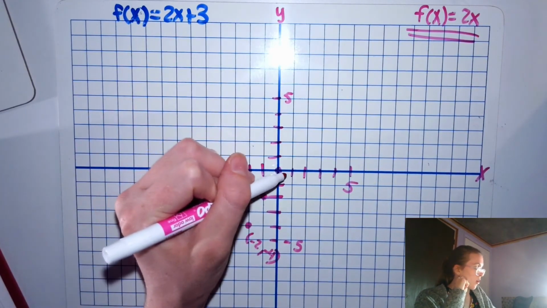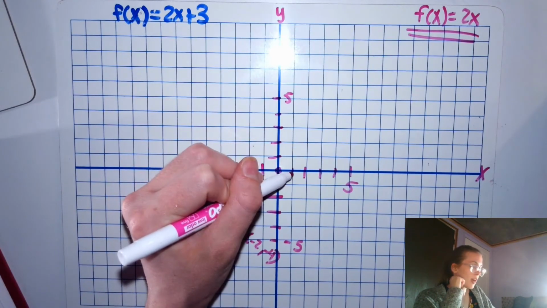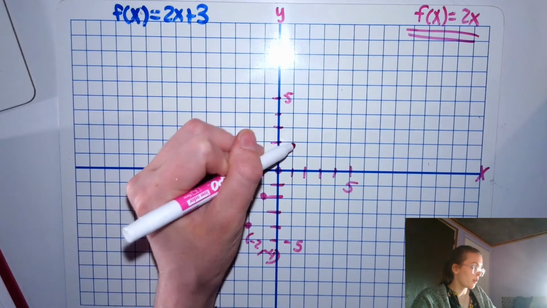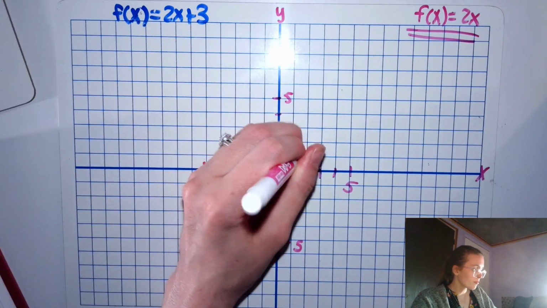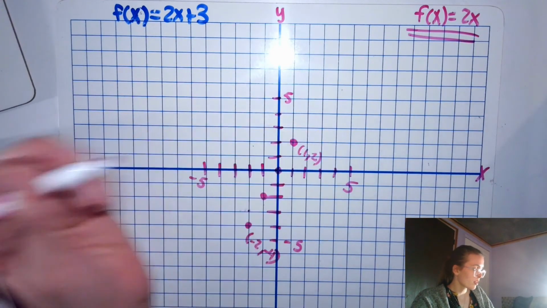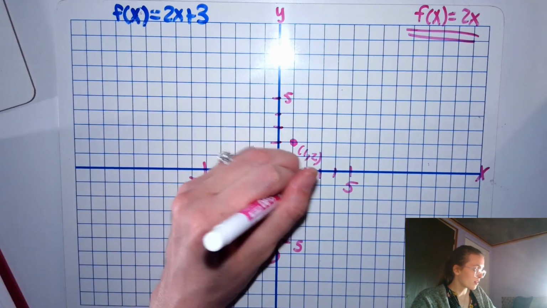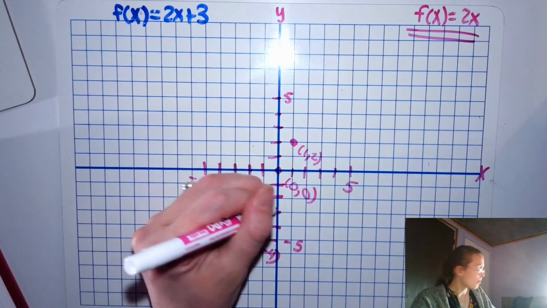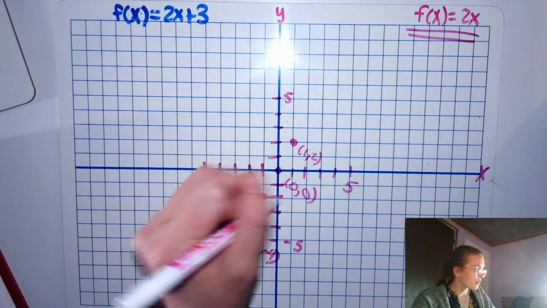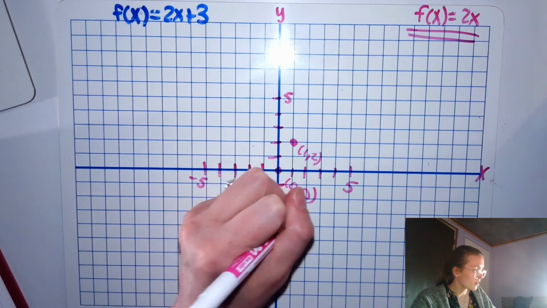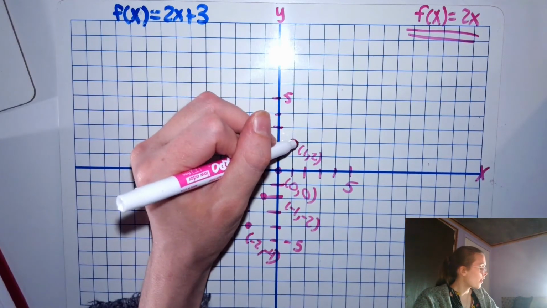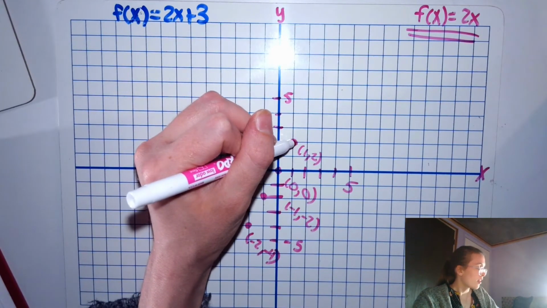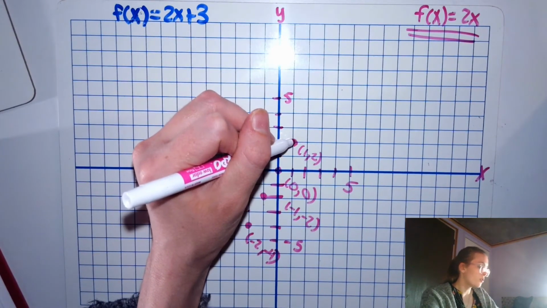Next 1. You go over to 1 on the x-axis and up to 2 on the y-axis. 1, 2. Okay. Then the next row is x is 2, y is 4.